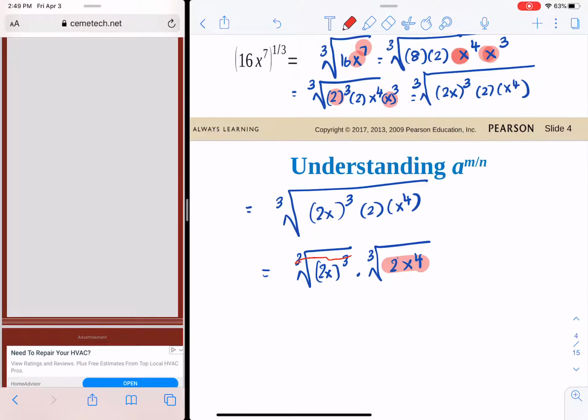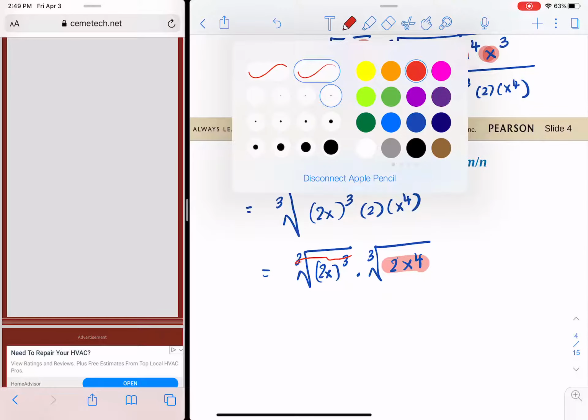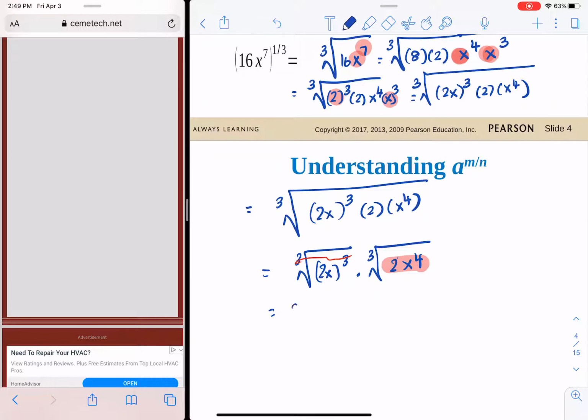Those two would disappear, leaving us with 2x. We could split this furthermore and write it as 2 times x cubed times x. So we have 2x times the cube root of x cubed times the cube root of 2x.